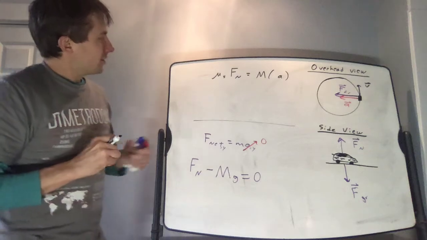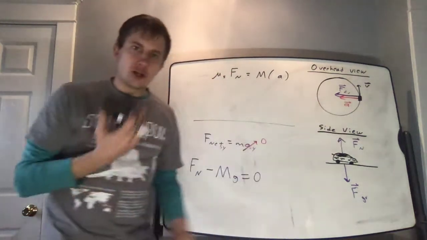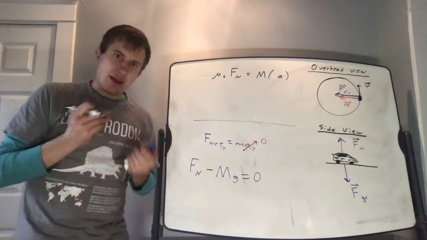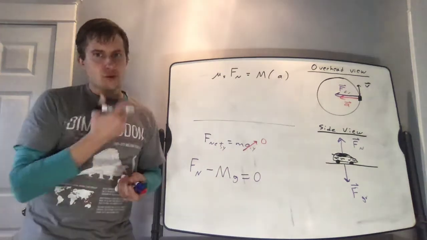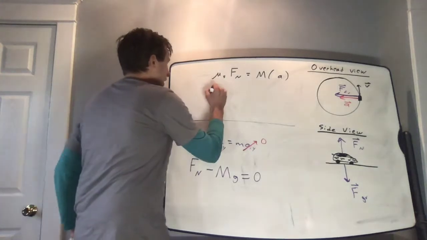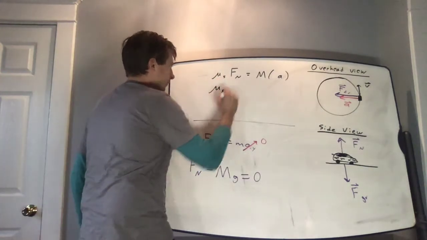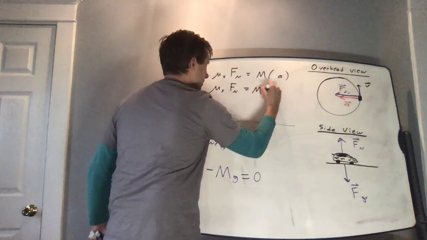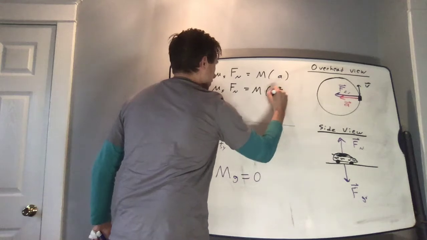Now, for this particular problem, we were told that the car is moving in a circle at constant speed. So that means the acceleration for this problem will be v squared over r. So I could write that in. I could write coefficient of static friction times the normal force is equal to big M times v squared over r.